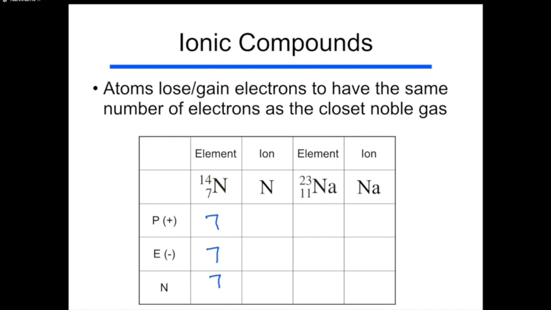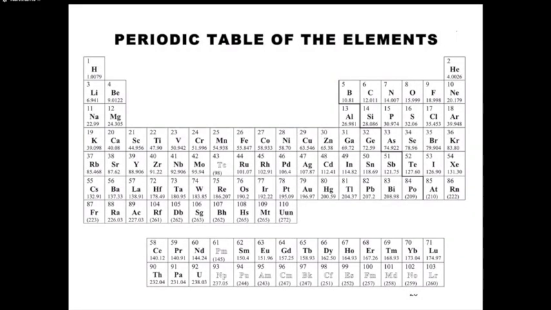Now remember, when I react chemically and create an ion, what doesn't change is the protons and what doesn't change is the neutrons. I cannot change that in a chemical reaction. So nitrogen is number 7. It can either go to 10, neon, or it could go to 2, helium.